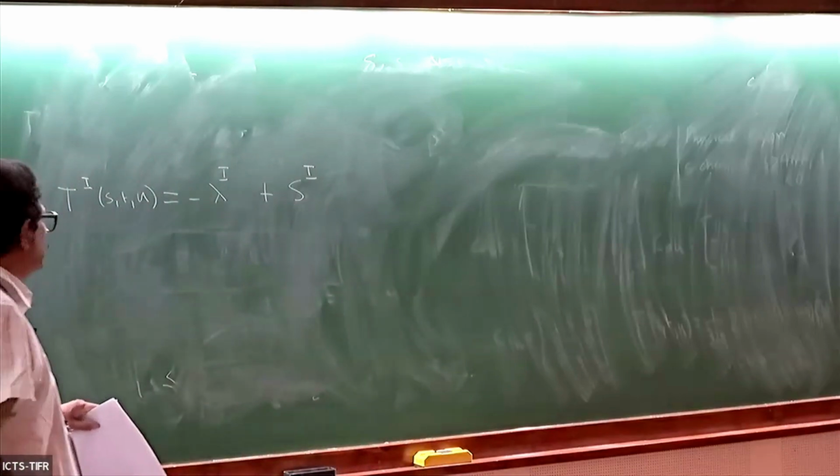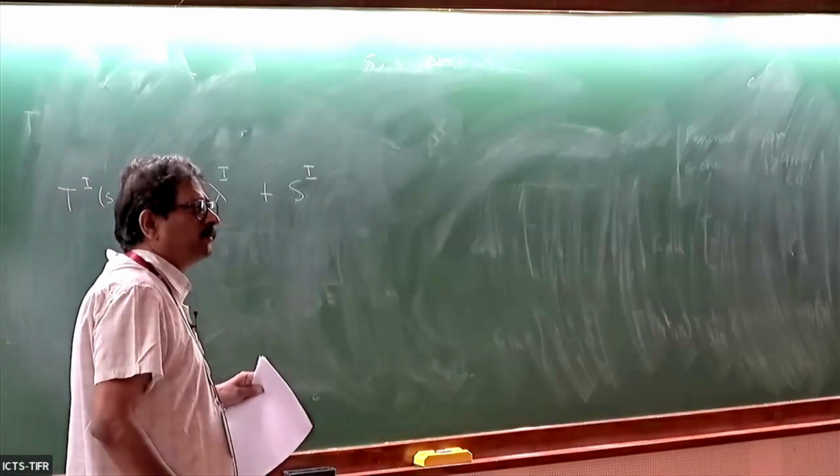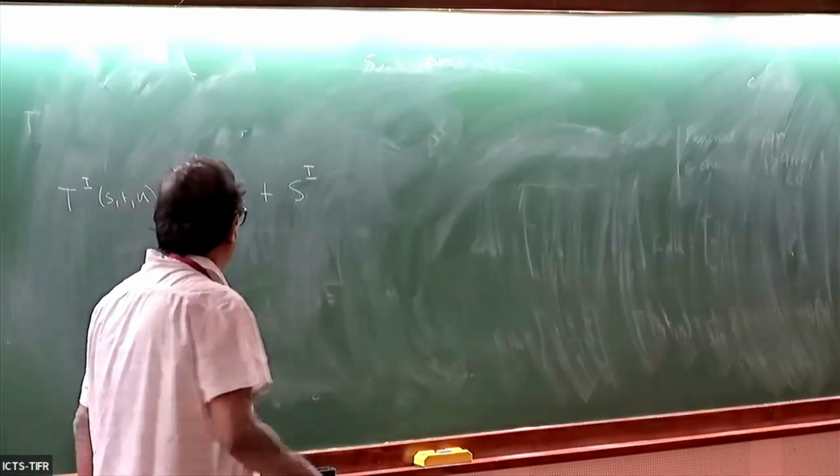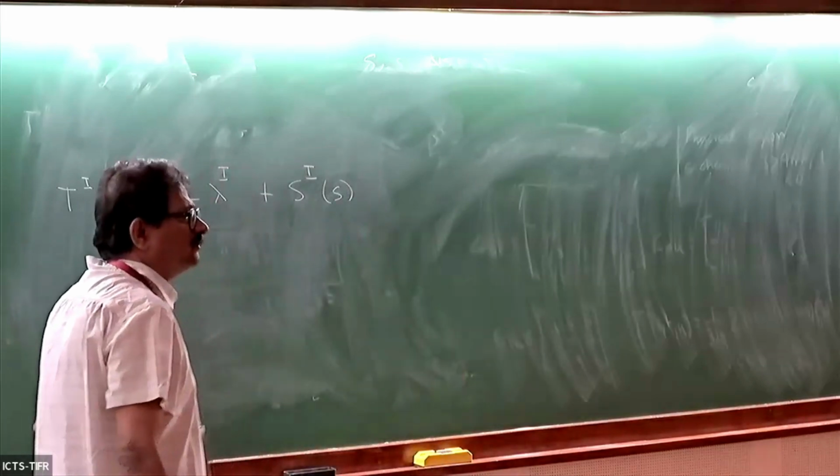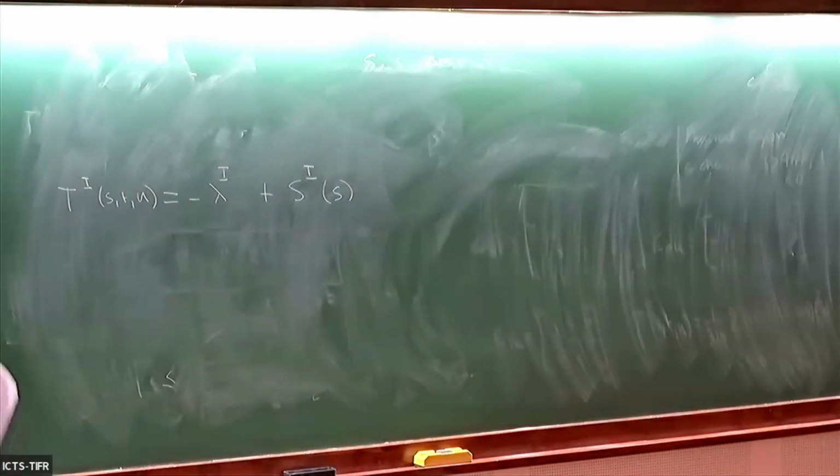If there's only an S wave and nothing else is happening, then there'll be no T dependence at all, and it'll just be a function of S and nothing else. And if I say that there are P waves, it must have a cosine theta dependence. And we already have an expression for cosine theta here, (T minus U) by (S minus 4).